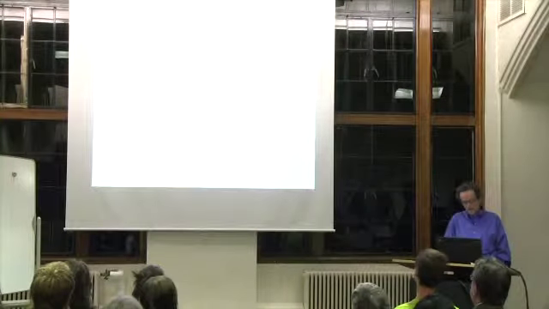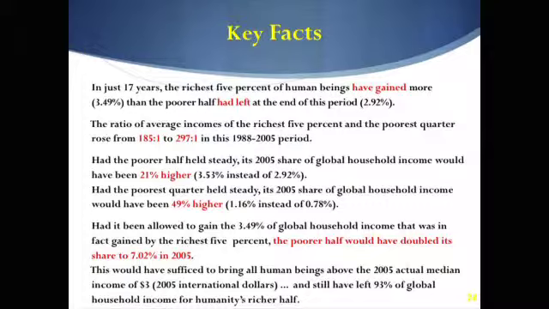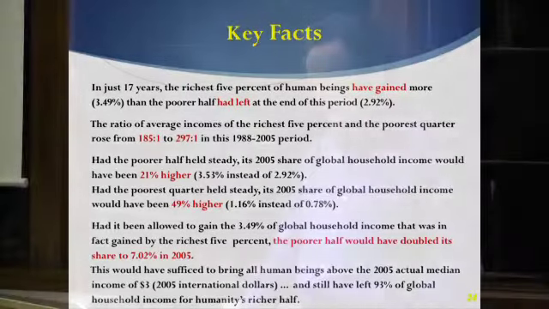So here are the key facts one more time. In these 17 years, the top 5% gained 3.5% of global household income, which is more than the bottom half had left at the end of the period. The bottom half had less than 3.5% at the end of the period, less than 3 actually, less than what the top 5% gained.